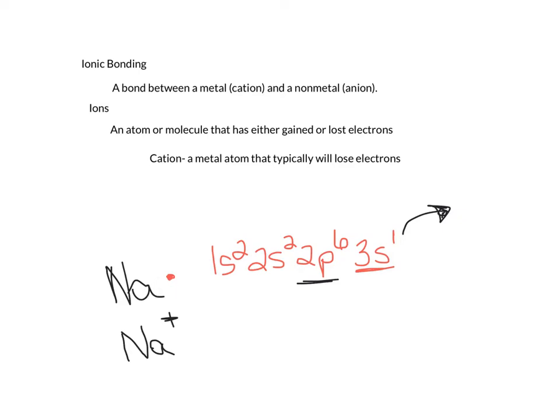Now, you might be wondering, why does it become a positive charge? Well, sodium has 11 protons, and in a neutral state, like this sodium right here, it theoretically also has 11 electrons.